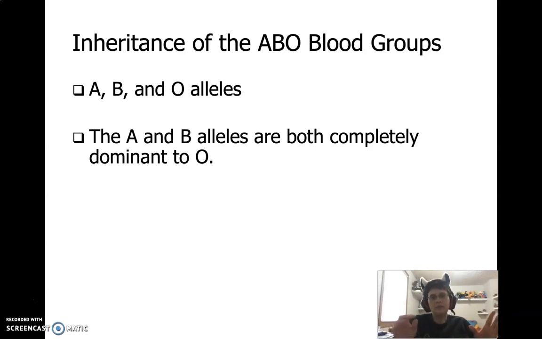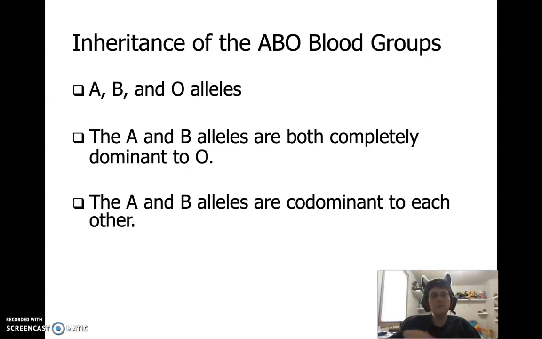If you inherit an A allele with an O allele, then the A is going to be dominant. Same with the B. And then we just saw A and B are codominant to each other. So if they're inherited together, you are going to be AB, because both of them are going to get expressed.